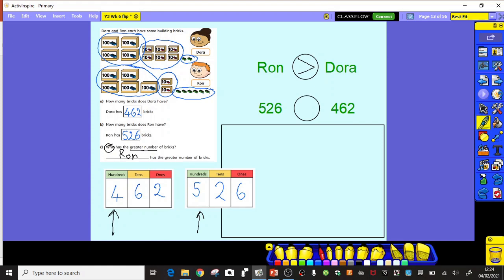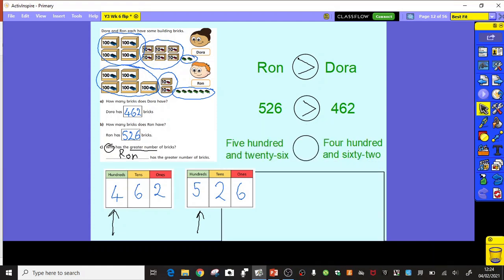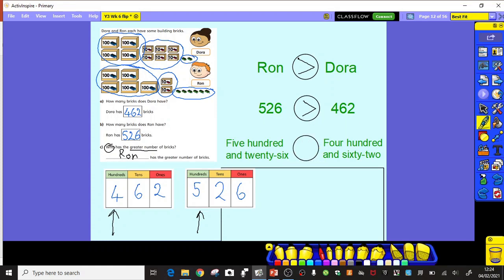Well, again, as we worked out in our tens and ones grids down here, 526 is larger than 462. And then finally, we've got the numbers in words. 526, 462. So the numbers haven't changed, it's just shown in a different way.